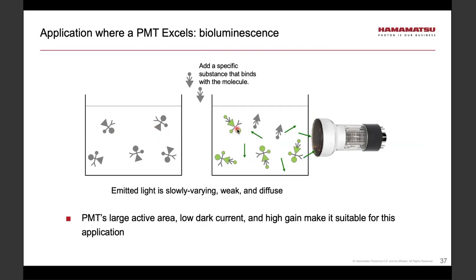And that luminescence will then be observed by the photodetector. However, the luminescence typically is very weak and the light is diffuse, which cannot be focused. And so PMT is a good choice because its large active area can increase the amount of light that we detect, and the intrinsic gain allows us to see weak signals.